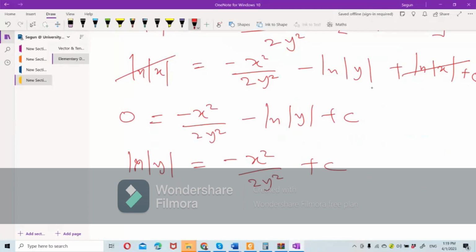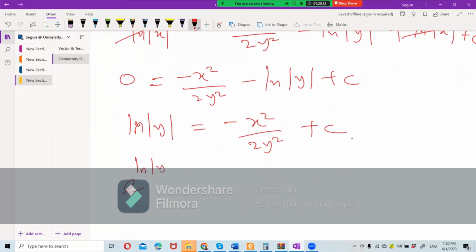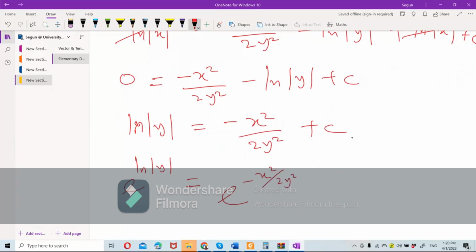Remember, we only need y. So we try as much as possible to get y out of this ln. So we take exponential of both sides. When you take exponential of both sides, you have exponential ln y equals to exponential of minus x squared over 2y squared plus c.